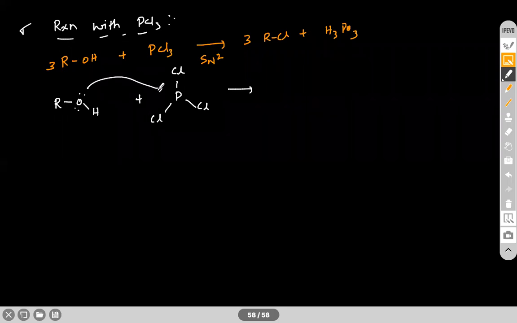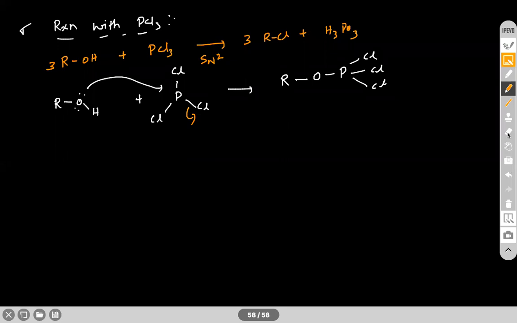This lone pair comes over here and it forms ROPCl3. When this attacks over here, this goes out as leaving group.